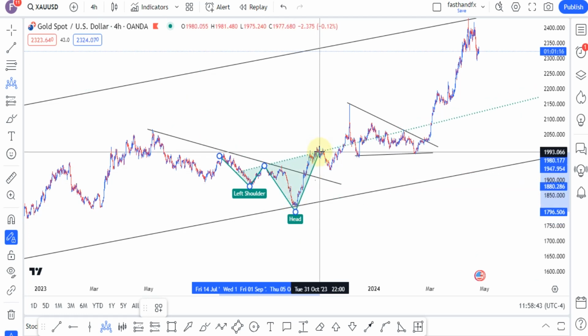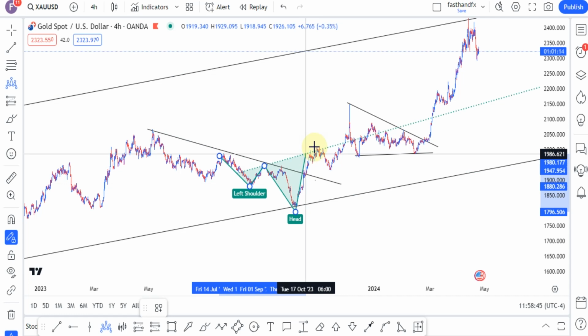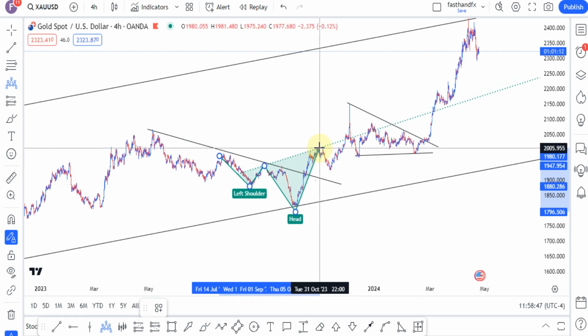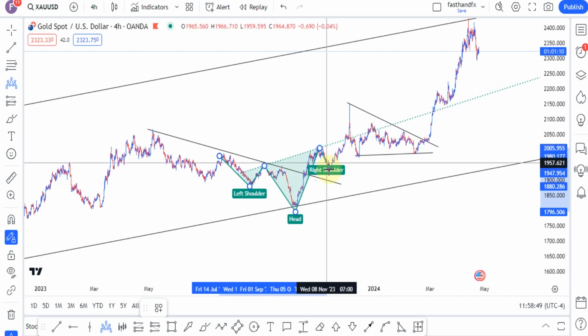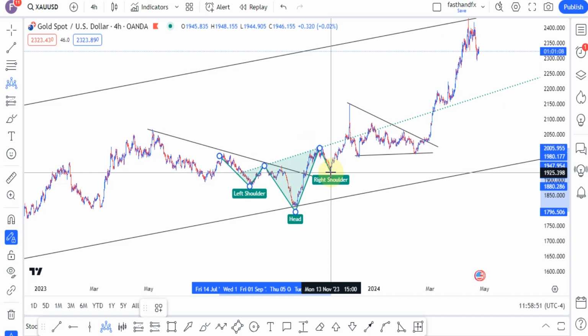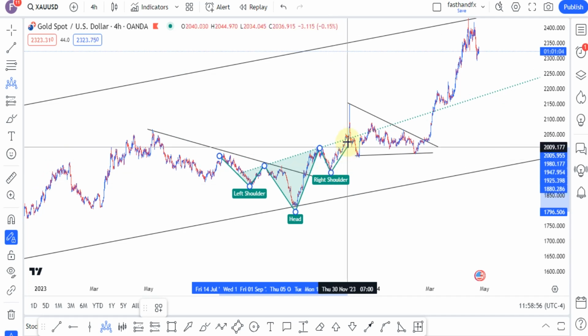So after the market broke above this correction area, it gave us the right shoulder, then it continued going up.